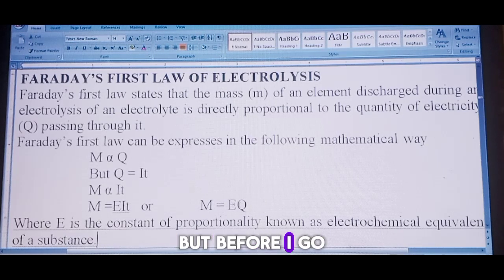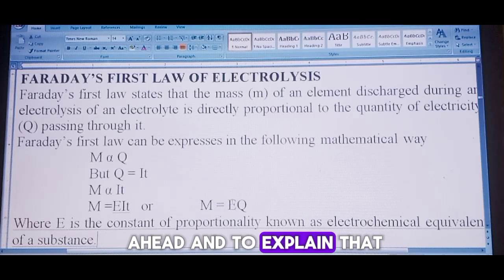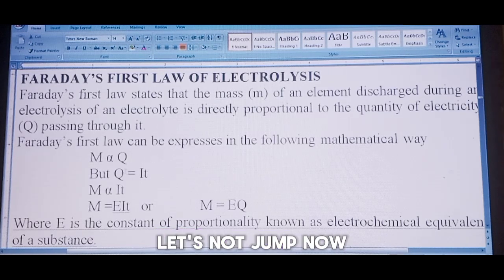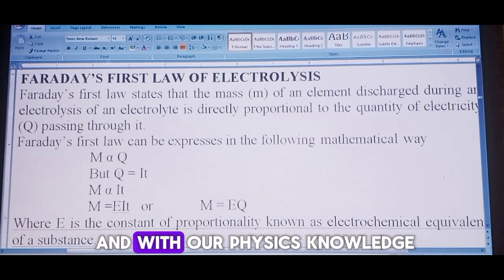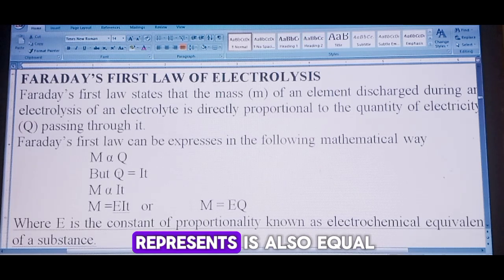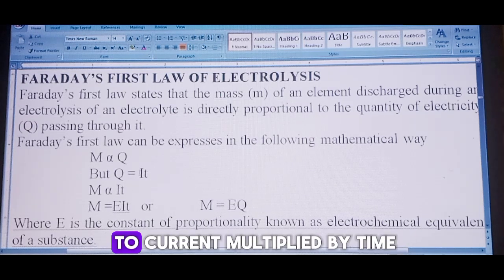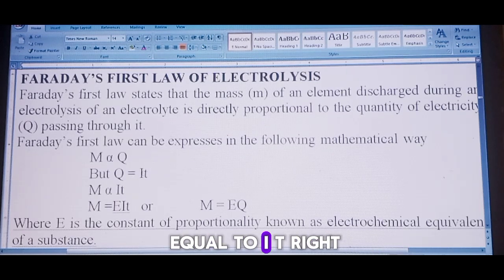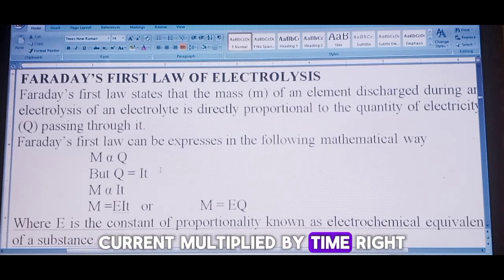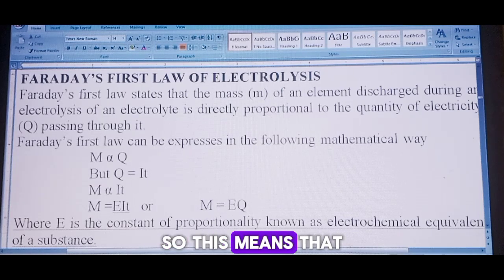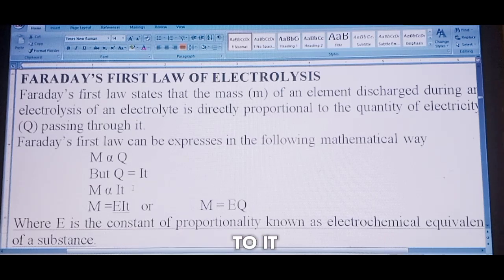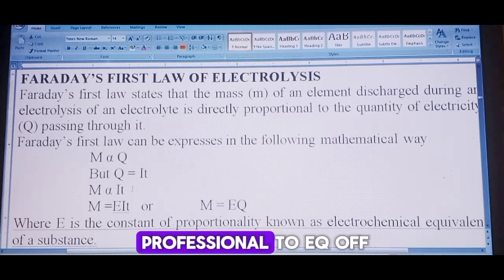But before I explain that, let's not jump. This Q here is quantity, and with our physics knowledge, we know that Q is also equal to current multiplied by time. Quantity of electricity is equal to IT, right? Current multiplied by time.